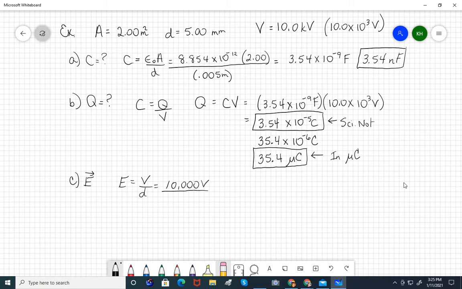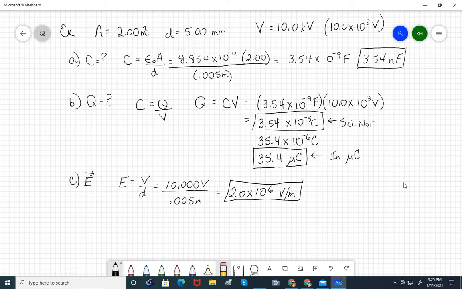We have a distance of 0.005 meters. That comes out to be 2.0 times 10 to the 6th volts per meter. So a strong electric field exists inside of capacitors. It's very typical that you're going to get really large electric fields.